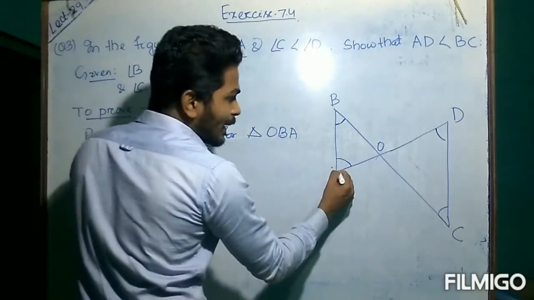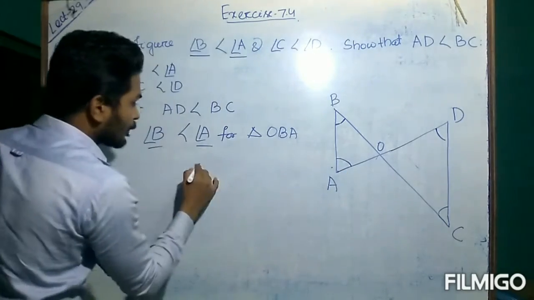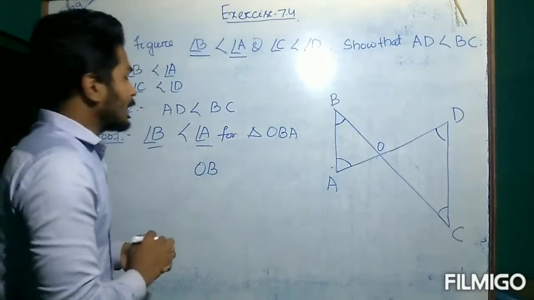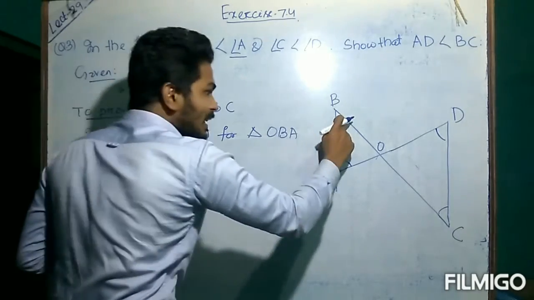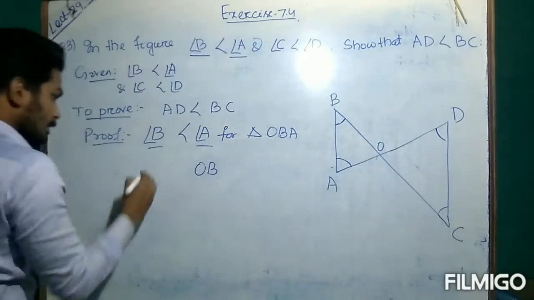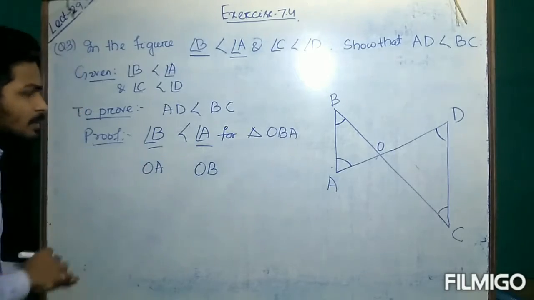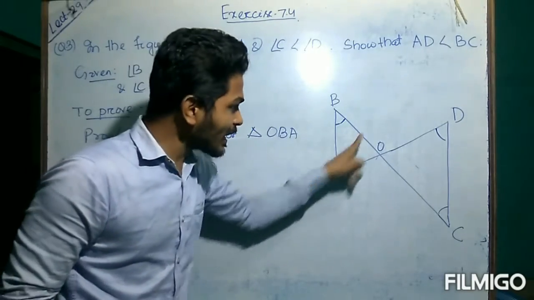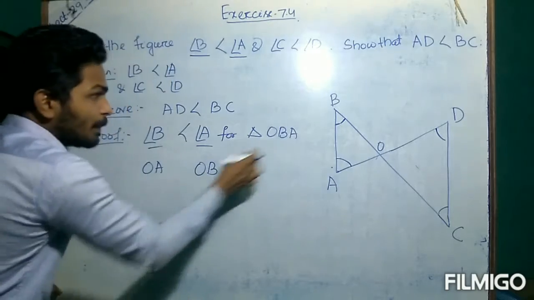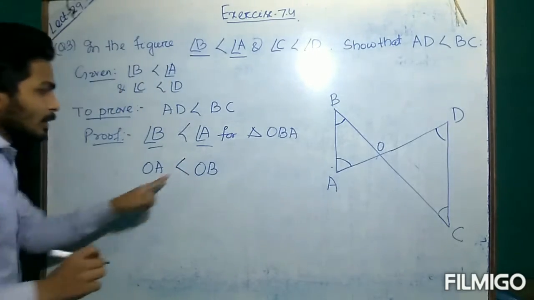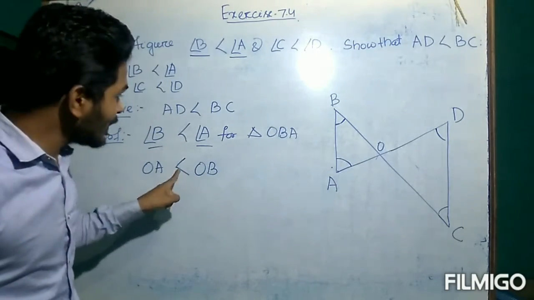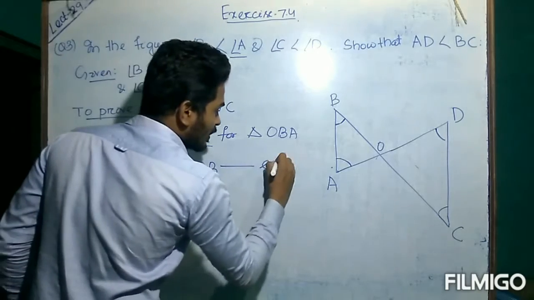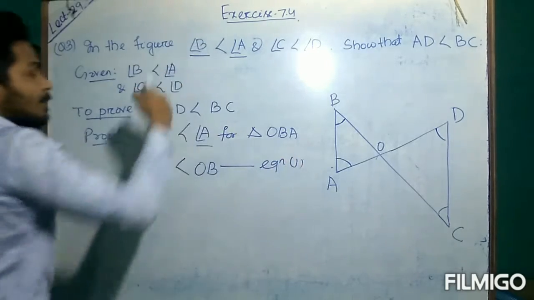The opposite side of angle A is OB, and angle B is smaller, so the opposite side of angle B is OA. According to theorem 7.7, the opposite side of the larger angle is larger. That means OB is larger than OA. Did you get this? This is our equation number 1, which we get from the given statement.